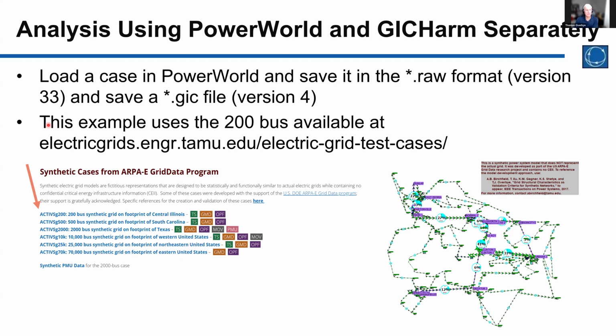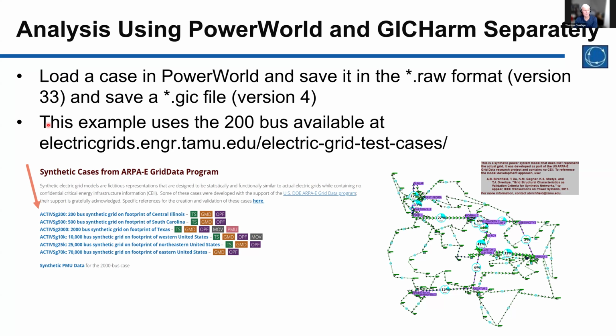Okay, so if you got this case and you wanted to do GIC analysis with GICHarm separately, and you had PowerWorld, you would load the case into PowerWorld and save it as a raw file. What I've been doing is using version 33. I don't know if other versions are supported by GICHarm, but I use version 33.